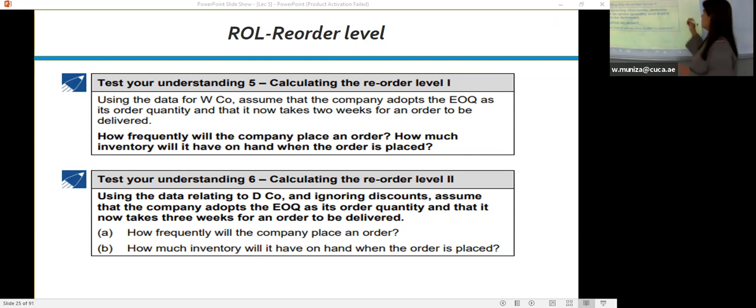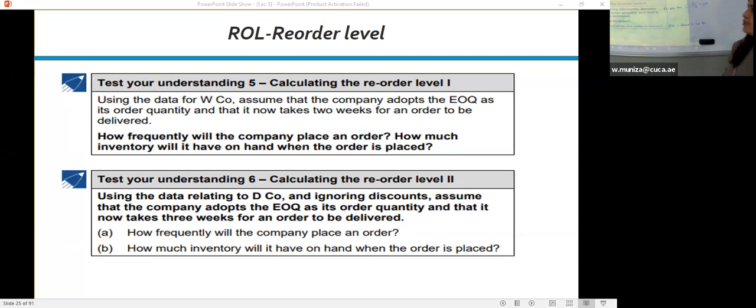So what is the formula for reorder time? Q by D. Q divided by D multiplied by 365. And what about reorder level? It's the demand in lead time. What is the lead time? A time lag between placing an order and order being delivered.